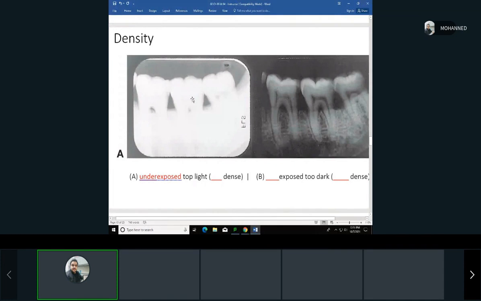We didn't shoot enough here. So it's less dense, right? We did not expose it enough, right? So like exposure time was too short, for example. We just hit and lift our finger out of the button. So it's less dense. And the other one is overexposed and darker, which means more dense. So underexposed, more light.